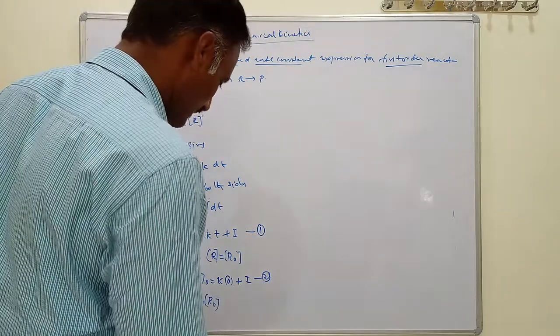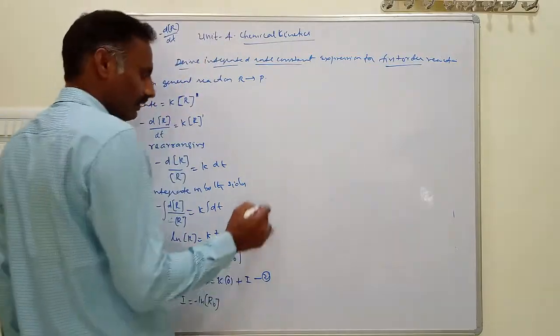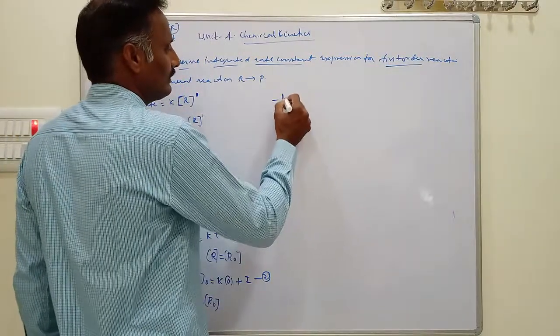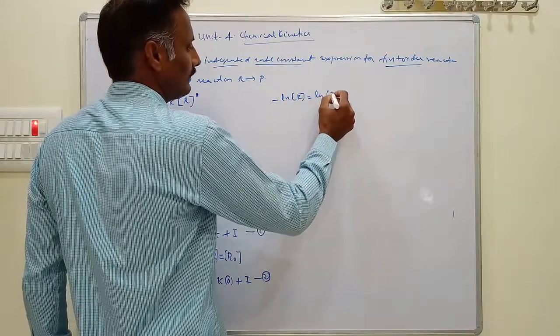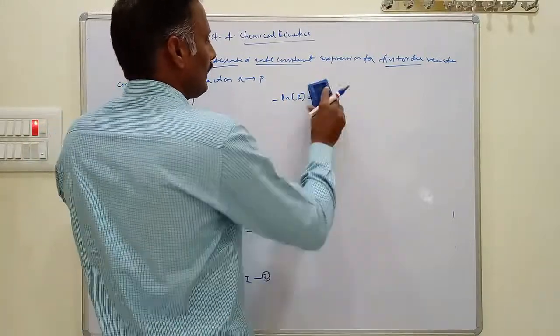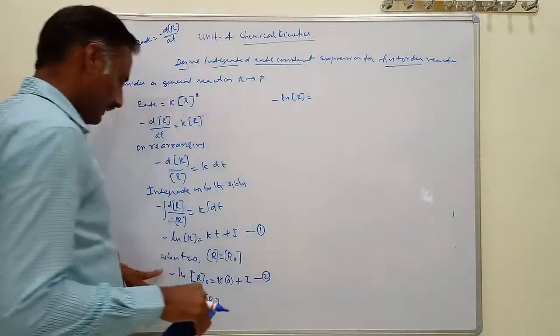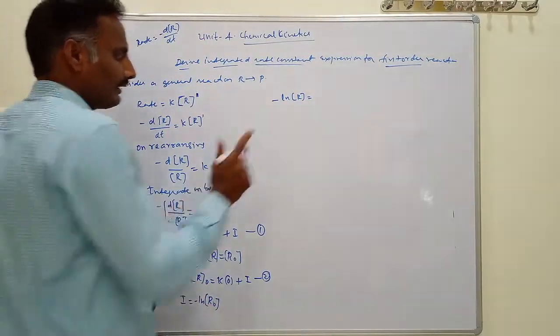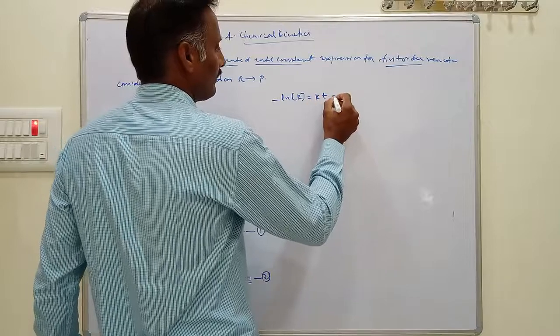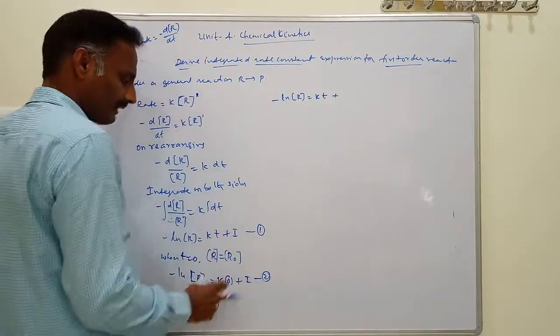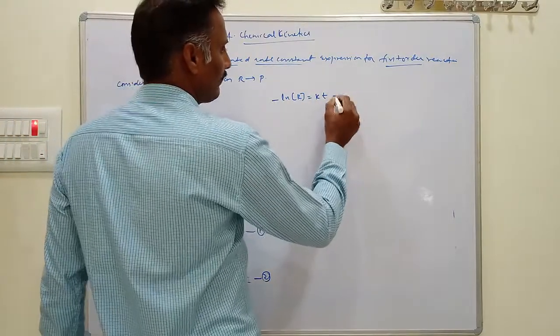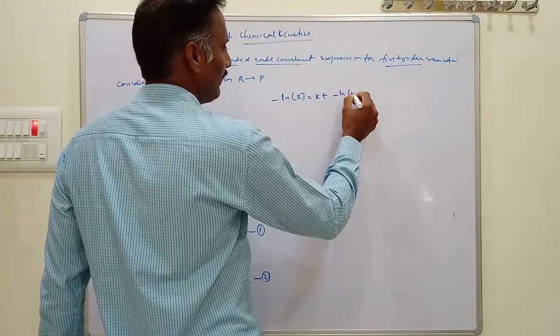By knowing the I value, substitute it in equation 1: minus ln R equal to Kt plus I, and in place of I we write minus ln R naught, so it becomes minus ln R equal to Kt minus ln R naught.